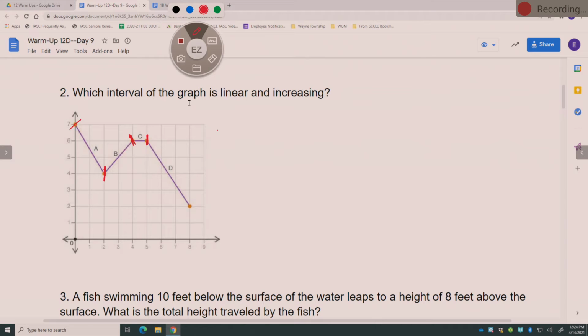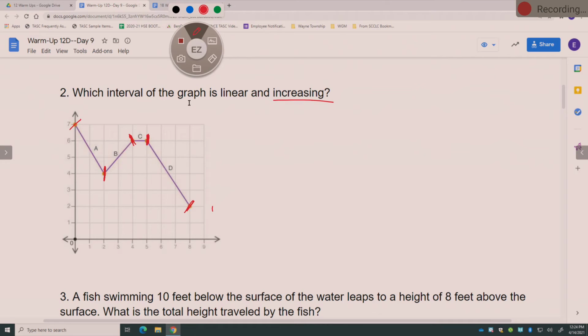And line segment D starts here and ends here. So we want something that is linear and increasing. So linear just means that it's a line as opposed to a parabola or a wave. We want a line. Well, they're all lines. So A, B, C, or D, all of them are linear.